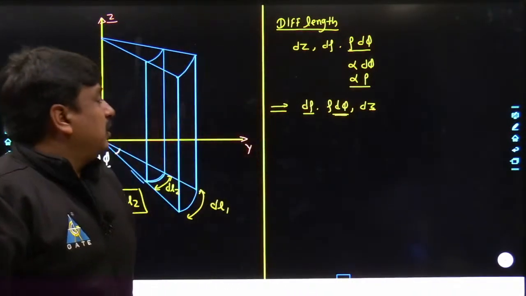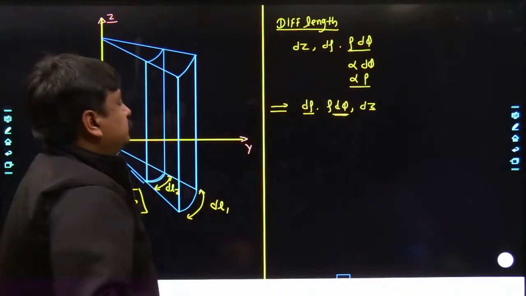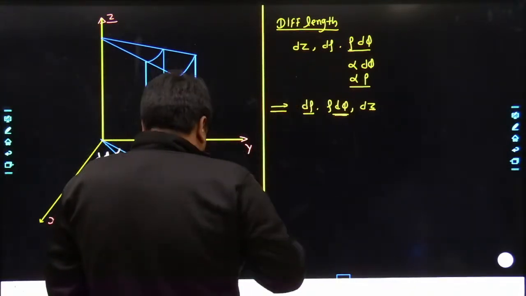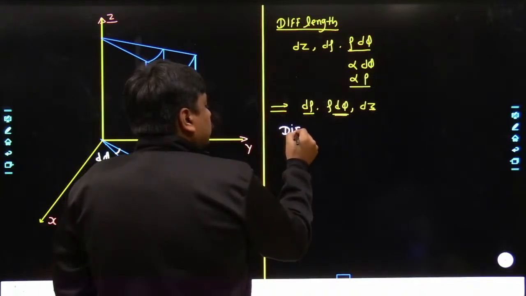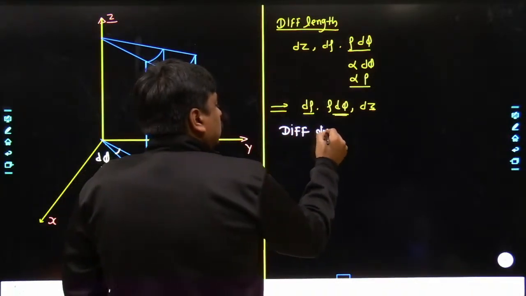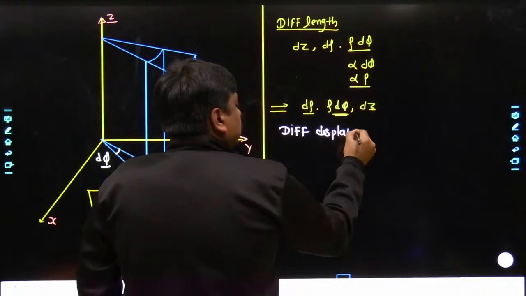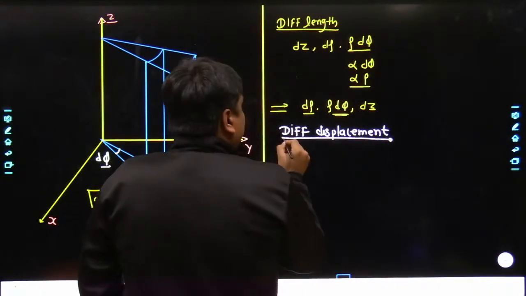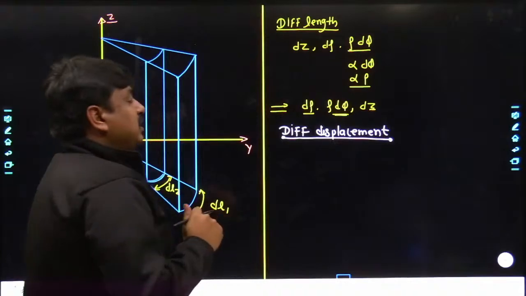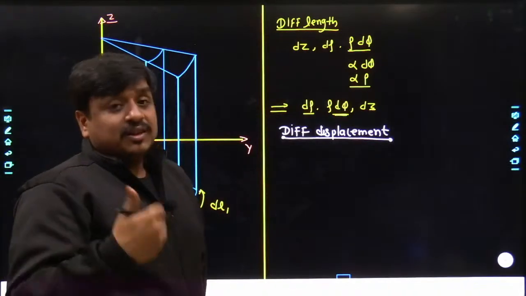Yes, my dear friends. Now, as most of the time I used to deal with the differential displacement, what does that mean? That means I would account the differential length in all of the directions, obviously with its unit vector.